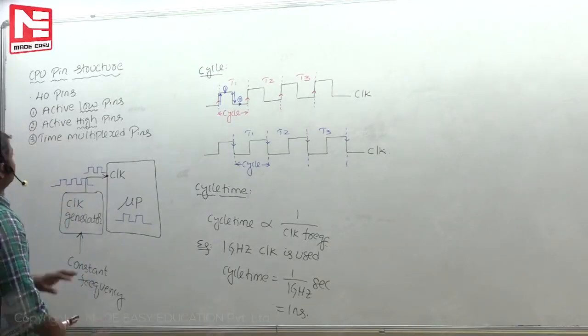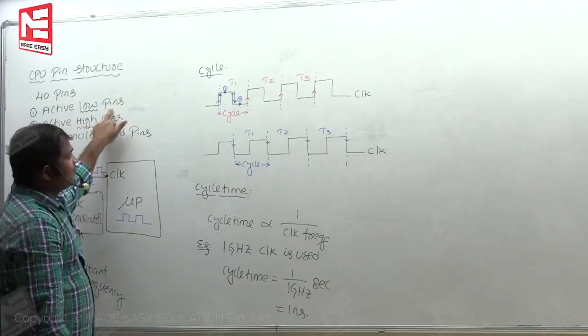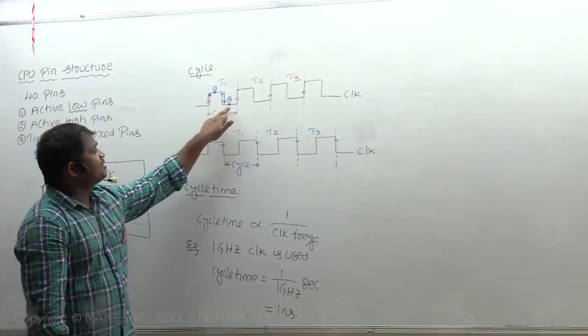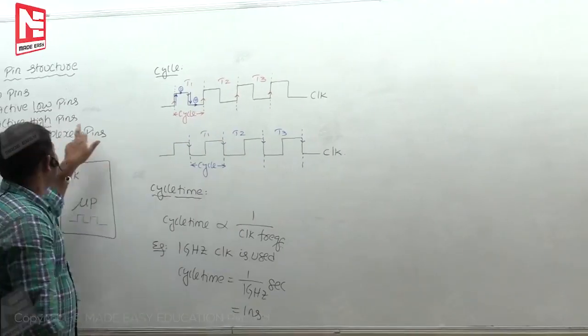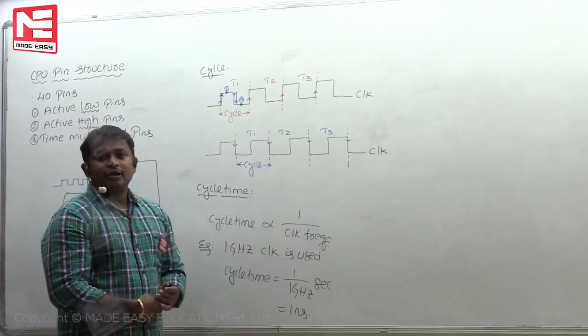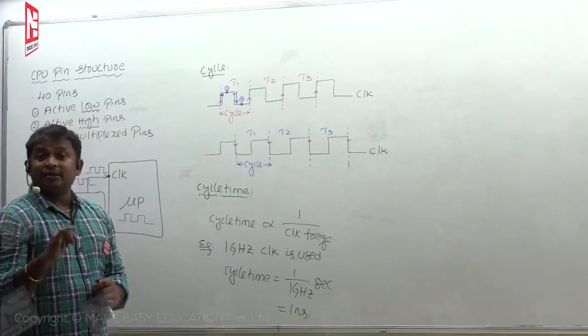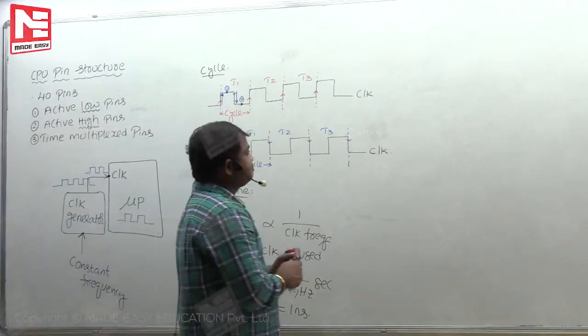Okay. Now come to active low and active high. Active low pins are enabled when the clock pulse is in the low state. Active high pins are enabled when the clock pulse is in the high state. Active low pins are denoted with a bar. Active high pins are denoted without a bar, like this.